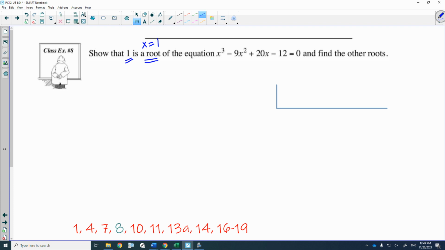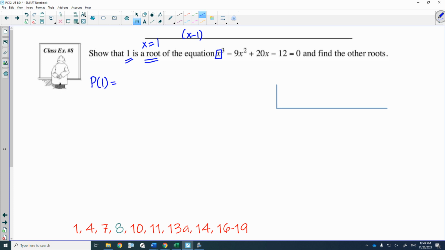That would be an x-intercept. And remember that if I said, well, what's the factor? The factor to get a root of 1 would be x minus 1. How we would show that it is a root or it is a factor, and they're saying that the remainder would be 0, is we would calculate p of 1.